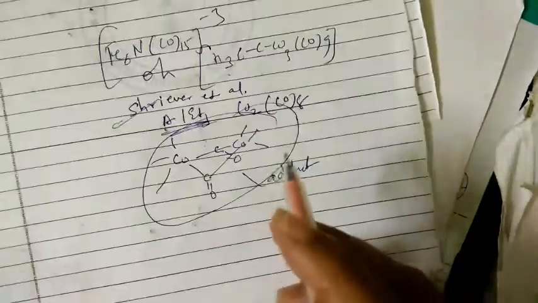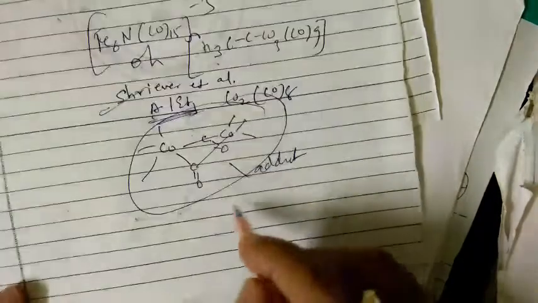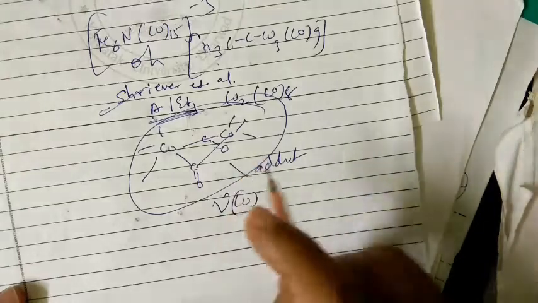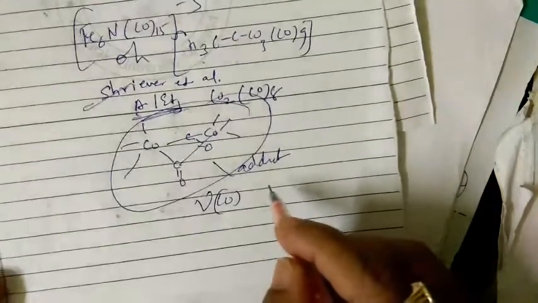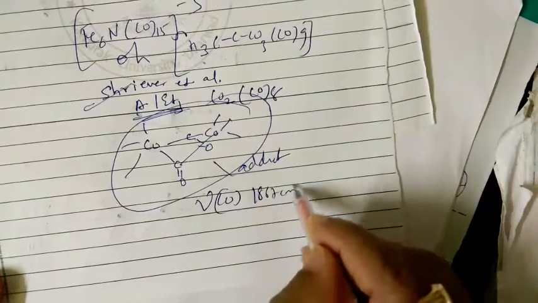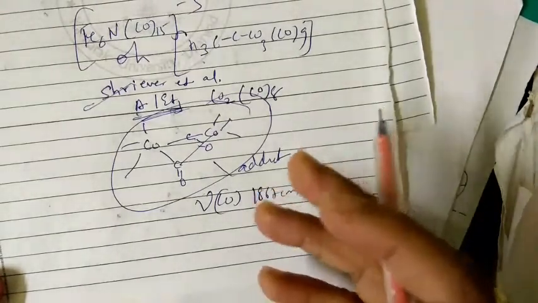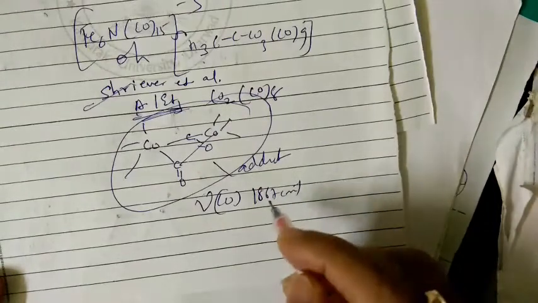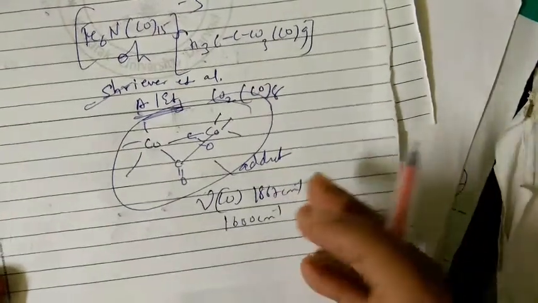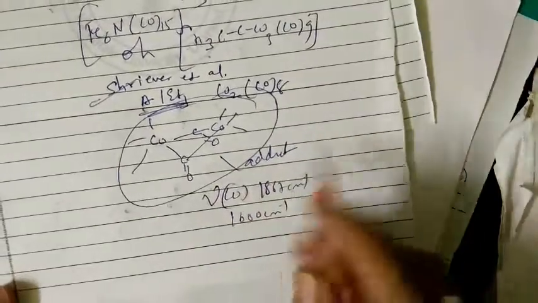As expected from this structure, the adduct exhibits two bridging carbon monoxide vibrations in the IR range, that is 1867 per centimeter, which is 15 per centimeter higher than the other at 1600 per centimeter, which is 232 per centimeter lower than the parent compound.